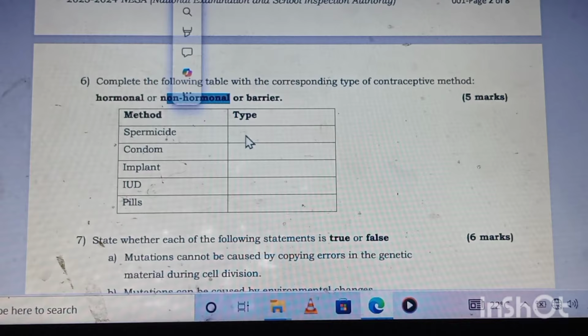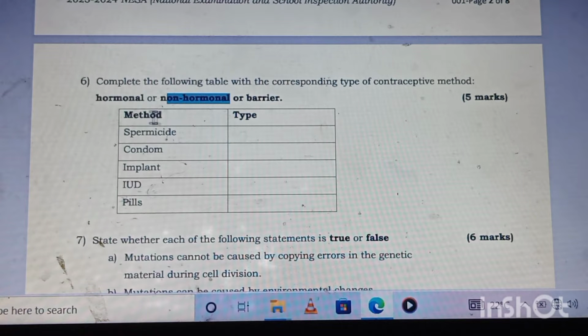Condom. Is it hormonal, non-hormonal, or barriers? Condom is a barrier. Implant is hormonal. IUD, intrauterine device. Is it hormonal, non-hormonal, or barriers?